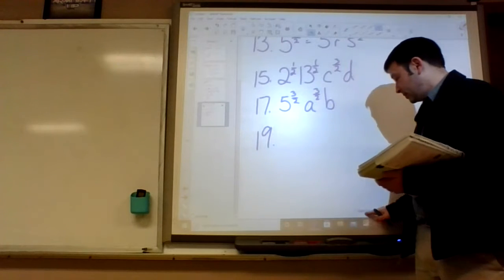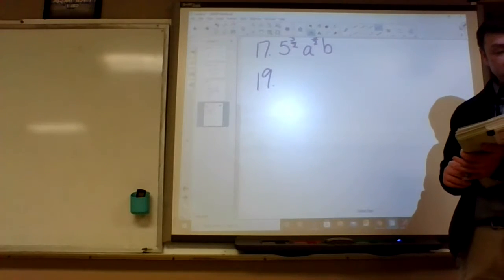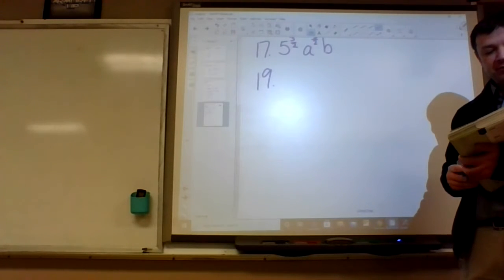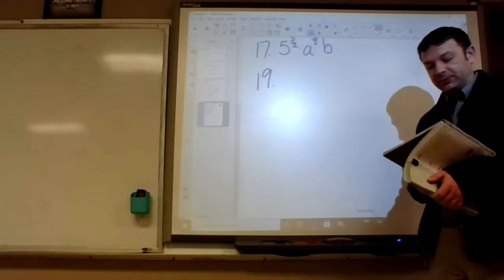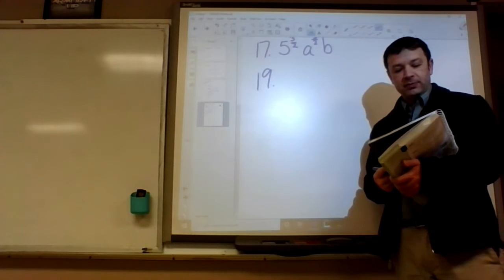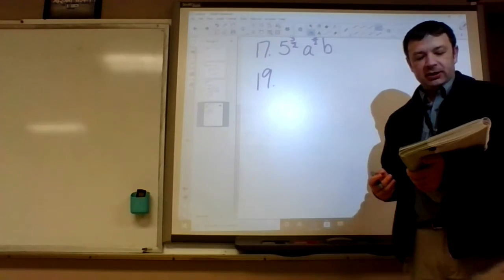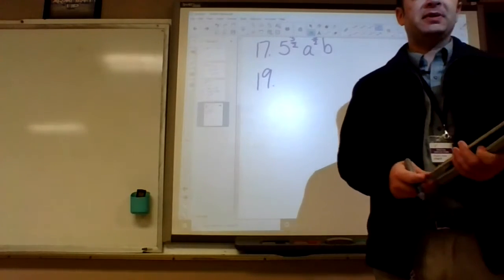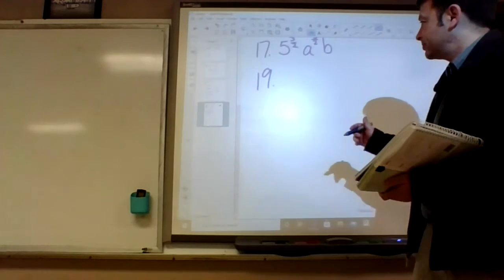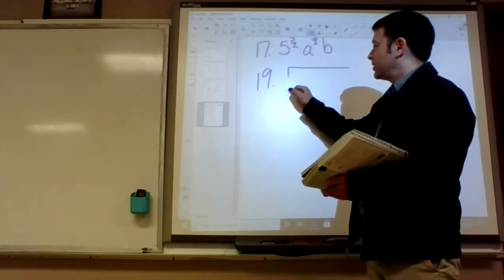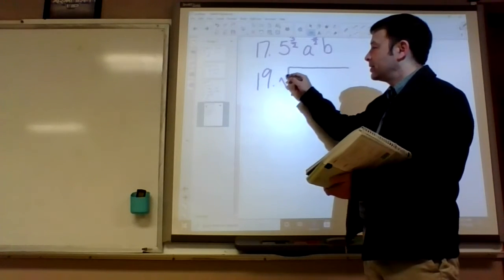19. Here we go. Convert each exponent, so we're going the other way. Convert each exponential expression to radical form. Assume variables represent positive real numbers. Alright, here's the thing. Since we're putting it under the radical, you can only have one root over here.